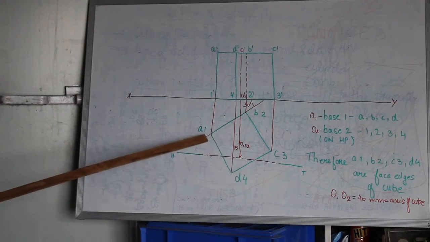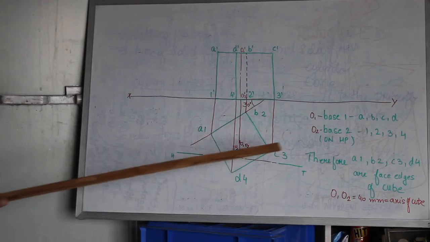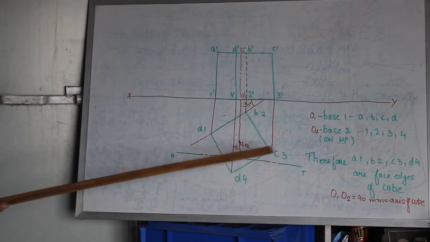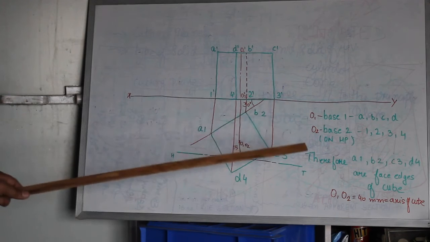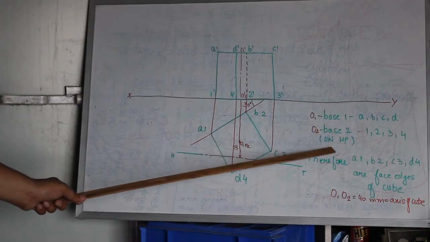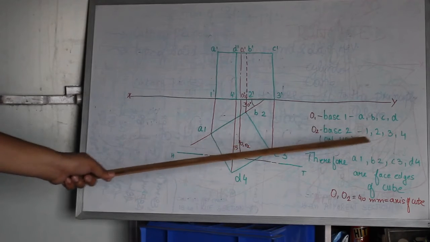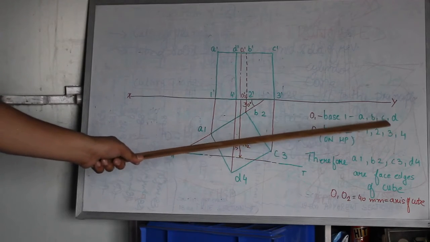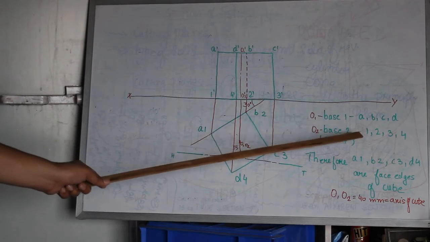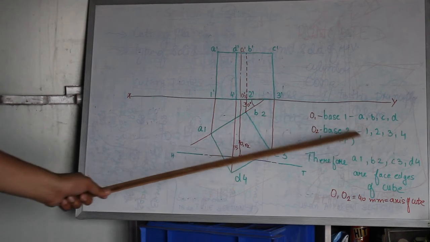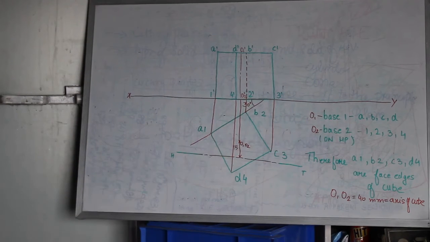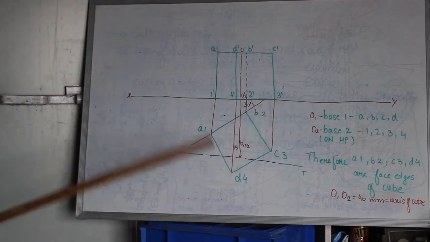How? 1 and 4 is the base edge of the base 2, A and D is the base edge of the base 1, C, D is the base edge of the base 1, and 3, 4 is the base edge of the base 2. For your understanding, C and D is the base 1, A and D is the base 1, 1 and 4 is the base 2, 3 and 4 is the base 2. I hope you're getting this point.